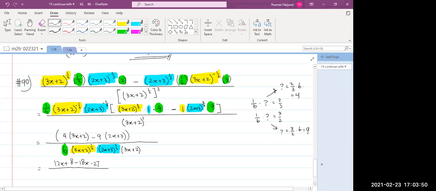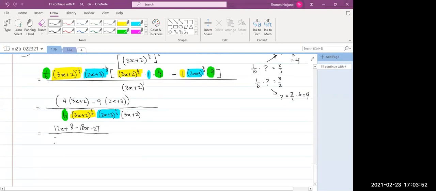And at the bottom, I know it's quite ugly, it's 6 times 3x plus 2 to the power of 3/2, 2x plus 3 to the power of 2/3. Now, last step, I will combine like terms on the top. I will get negative 6x minus 19 over 6 times 3x plus 2 to the power of 3/2 and 2x plus 3 to the power of 2/3.